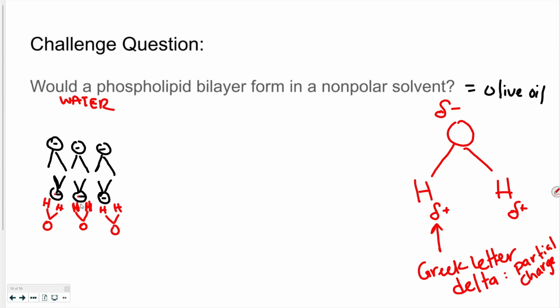And so that effect of repelling isn't strong enough to actually push these phosphate groups apart. And that's why we need to have water be the solvent for life, so that we can create these membranes. Because if we had a nonpolar substance, the phosphate groups would push themselves apart.